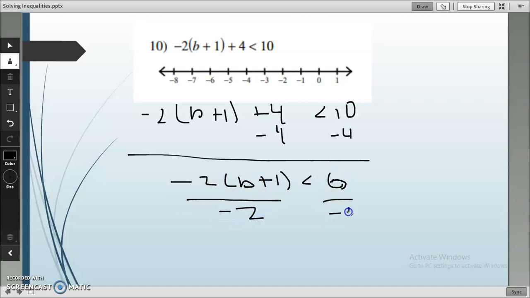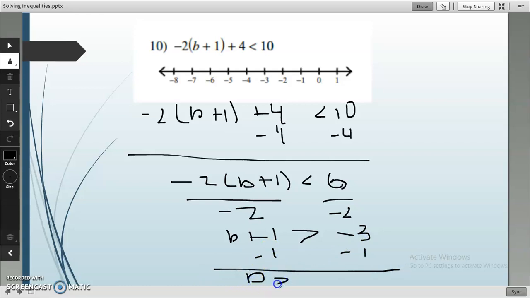So I divide by -2. When I divide by -2, my inequality sign flips. So it was less than, now it's greater than -3. So I subtract 1 from both sides, and I get b is greater than -4. So I'm going to go up here to my -4, draw a circle around it. Greater than is everything to my right.